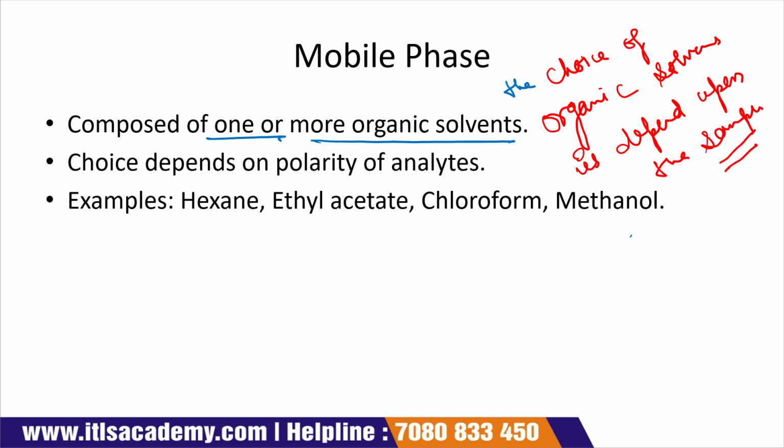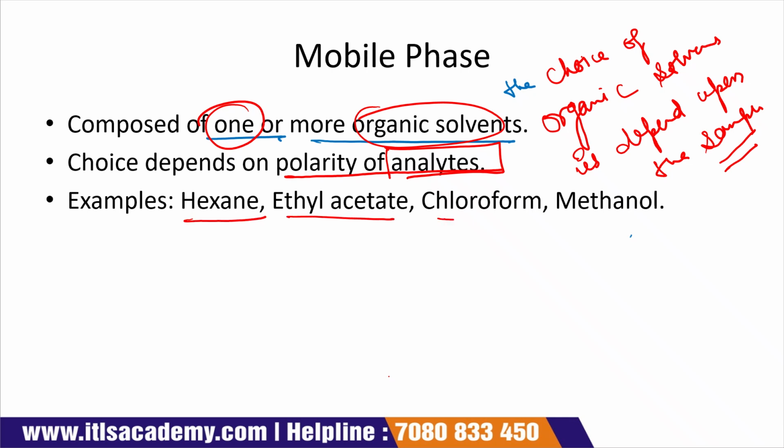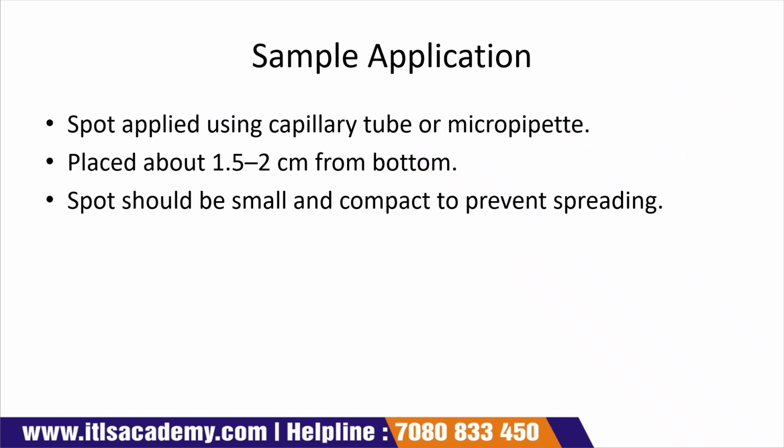Okay, so mobile phase is made up of one solvent or more than one organic solvent. Choices depend upon the polarity of the analytes. Analytes means the sample that we have to separate, like hexane, ethyl acetate, chloroform, and methanol.